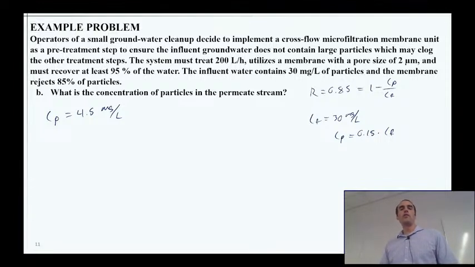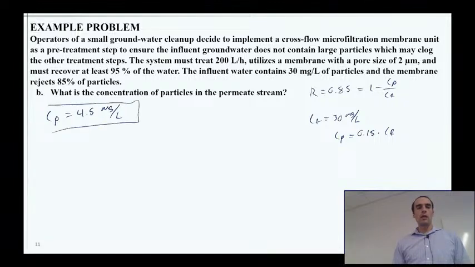We know that the particle concentration in the feed is 30 milligrams per liter, and we get, therefore, Cp is equal to 0.15 times Cf. That gives us 4.5 milligrams per liter for the answer to part B. Now, before we move too far ahead, I think you can probably go ahead and solve part C, and I'll give you time to do that next.